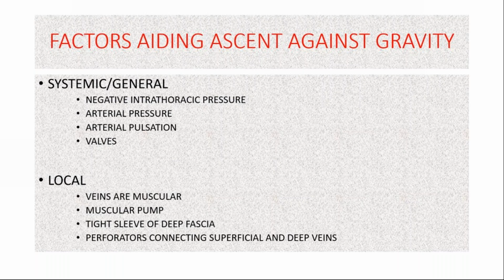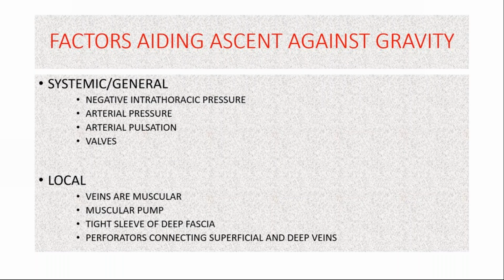Now there are local factors. Then we have the muscle pump also, like the peripheral venous heart, the soleus, or the gastrocnemius. Then we have the tight sleeve of deep fascia.